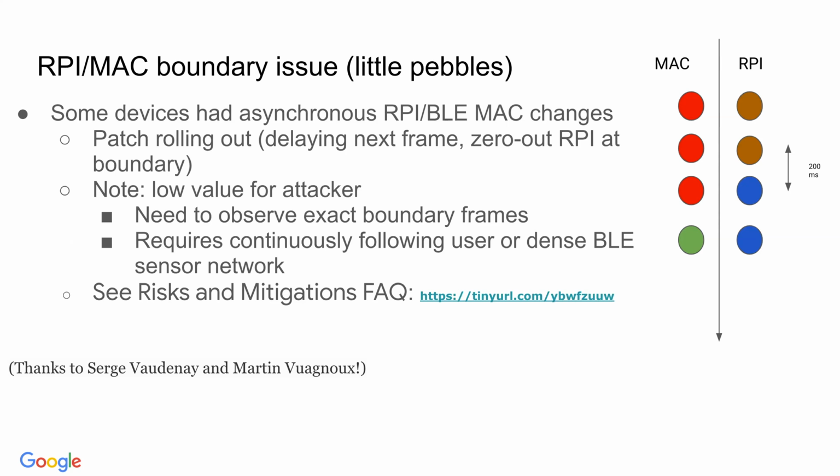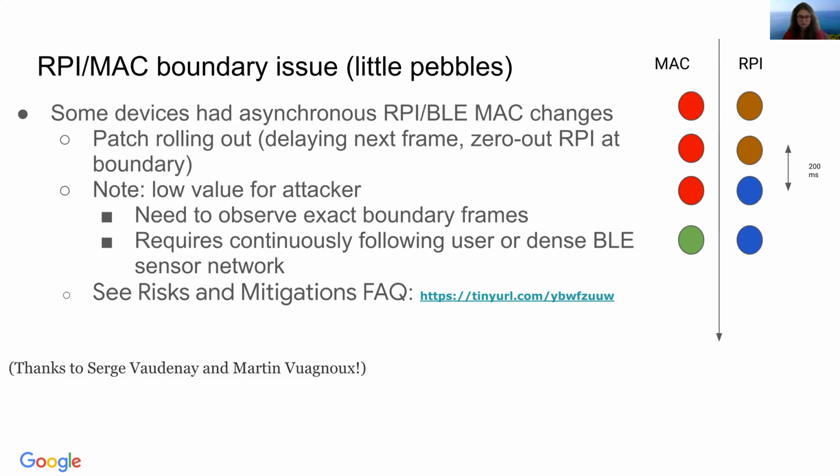And there was a period of about 200 milliseconds where there was an overlap. And this allows you to bridge between RPIs. After we got this report, we have rolled out a patch which basically delays the RPA rotation to give the MAC address time to catch up.